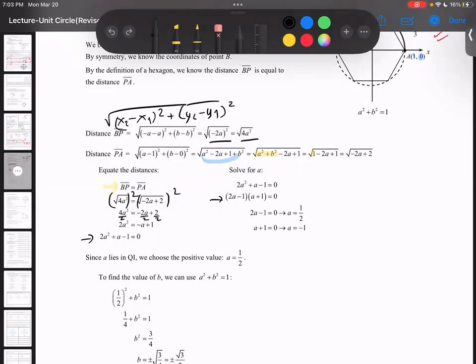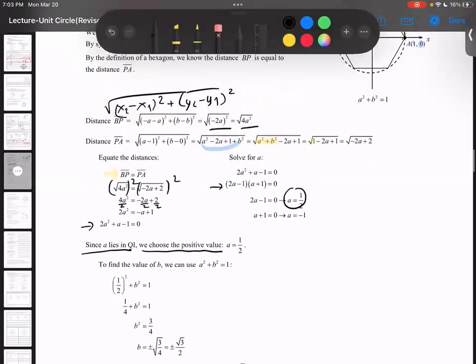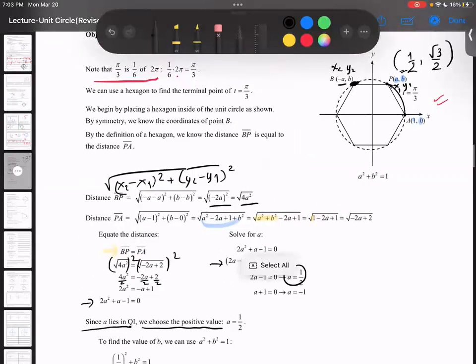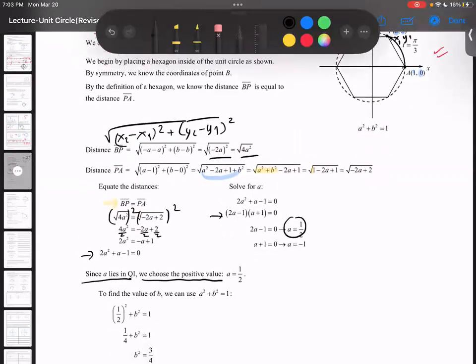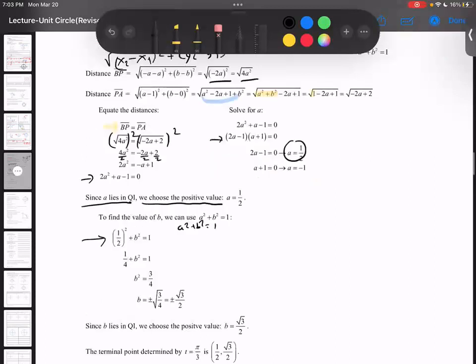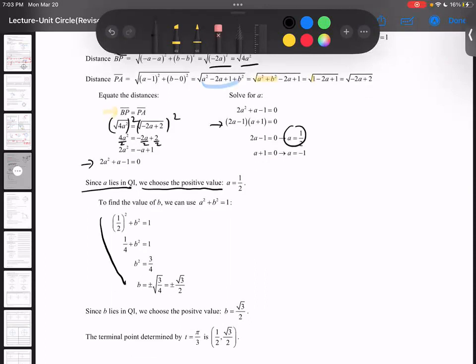Since a lies in quadrant 1, we choose a positive value, so a equals 1/2. We found a. Now we substitute into the unit circle equation, a squared plus b squared equals 1, in order to find b. I don't want to repeat myself here; it's just arithmetic. B is plus or minus √3/2.